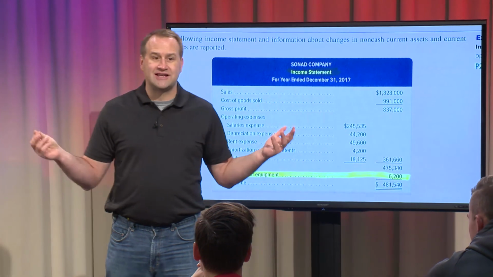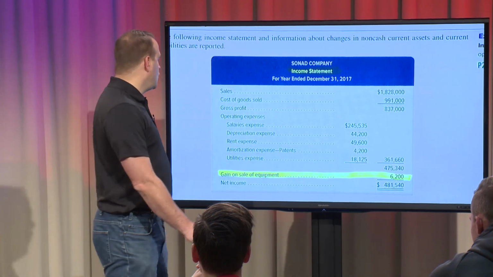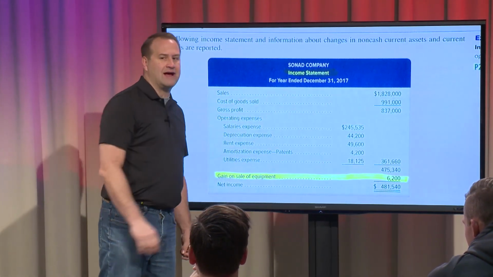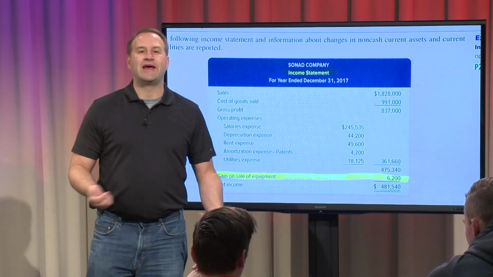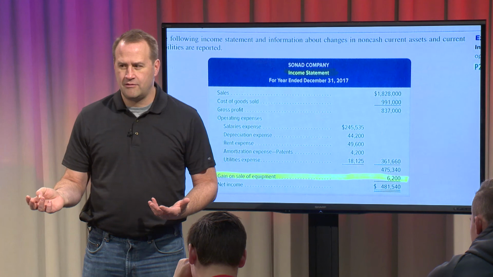Are you with me? Landscaping companies do not exist to sell their trucks, right? So we don't want to put it into a revenue account because revenues are more like things that are in our normal operations. Are you with me?